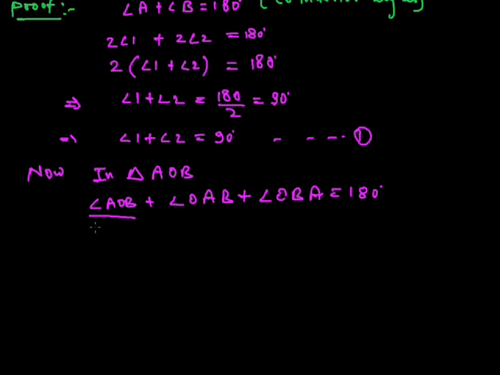Now we have to find angle AOB, so it is written as it is. Angle OAB is angle 1. Angle OBA is angle 2, equals 180 degrees.